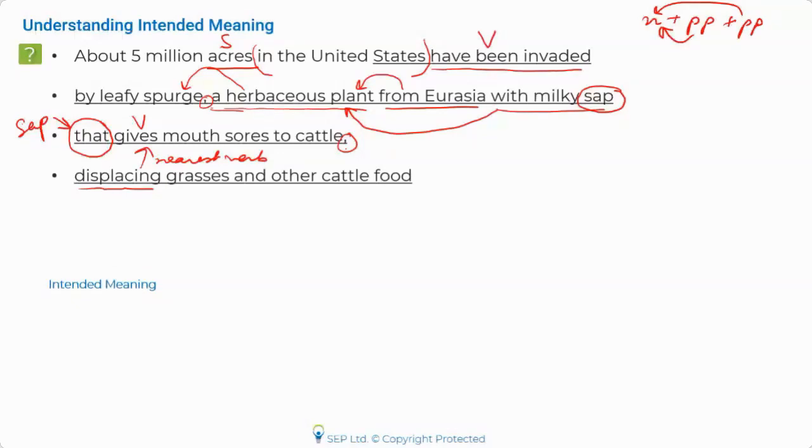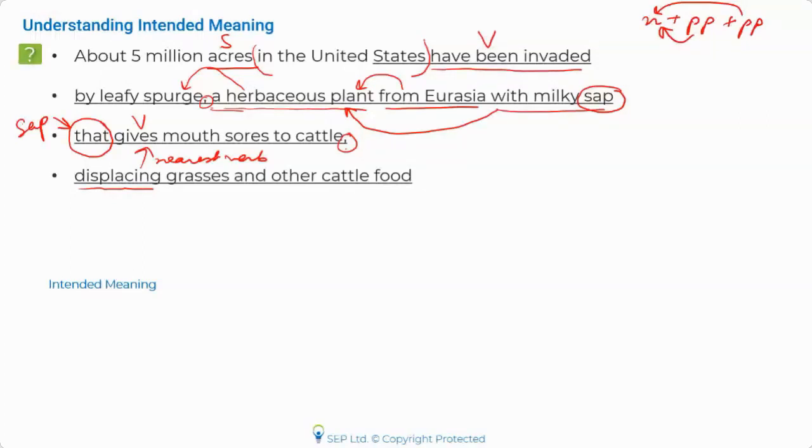Does it make sense to say the sap is displacing grasses, guys? Because the ing verbal that is modifying the verb also has to make sense with the doer of the action. No, right? No, says Shashank. No, says Arindam. The others, what do you think is displacing the grasses, guys? Hi, Spandan. You're right.